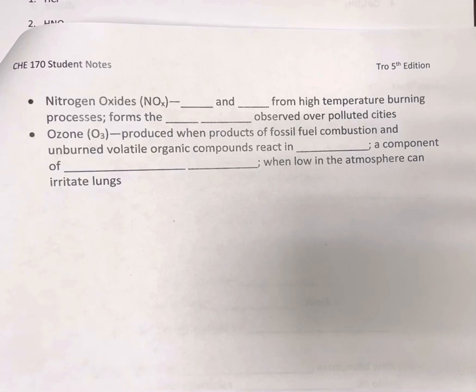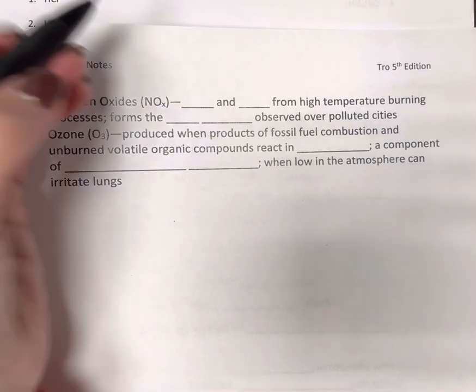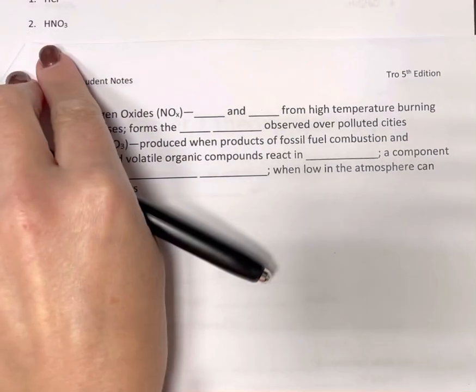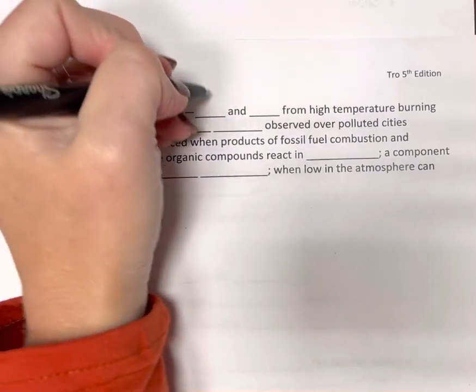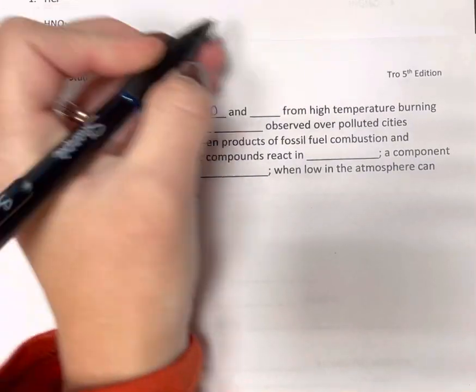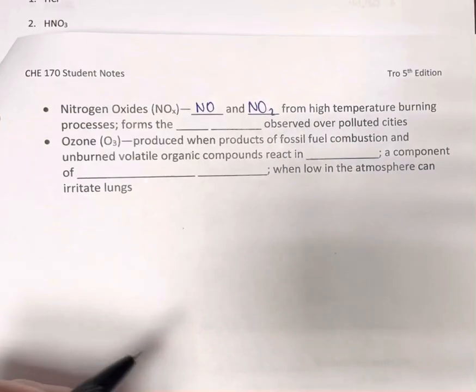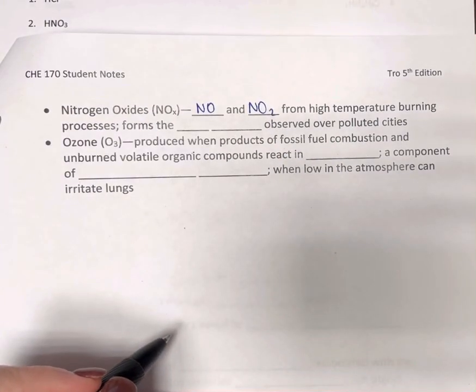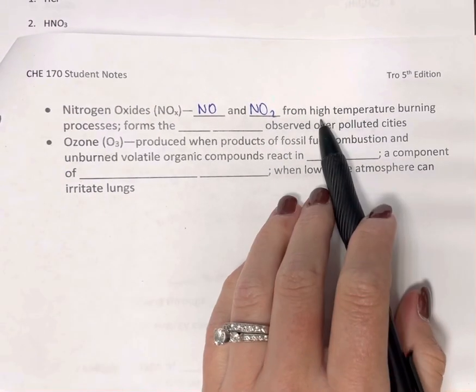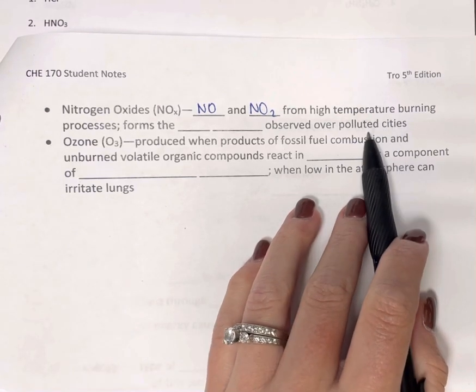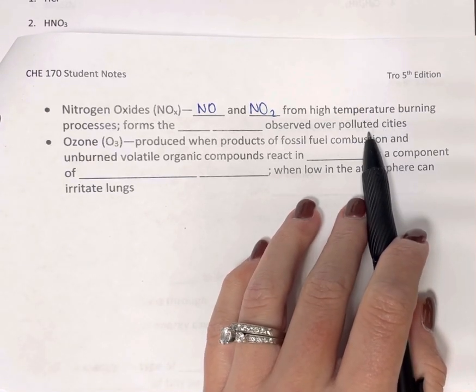There are also nitrogen oxides. So in this case, the X can be 1 or 2. So nitrogen monoxide, nitrogen dioxide. This happens when burning processes are at very high temperatures.